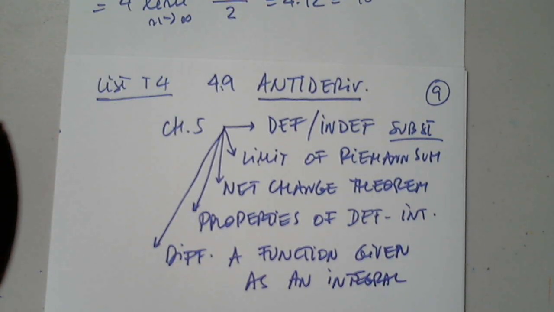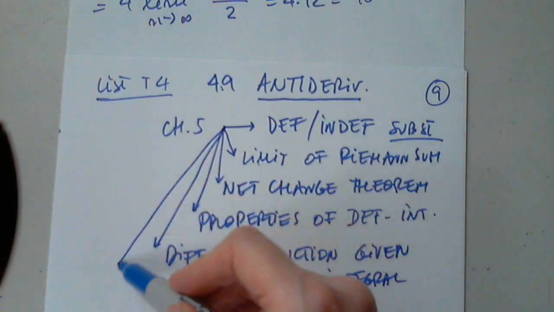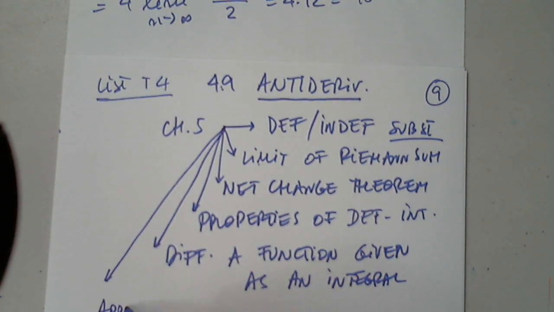I can't think, I'm flipping through the book right this moment to see if I forgot anything. Oh, yes. Approximations of areas using leftmost point, rightmost point, and midpoint. Not more than 4 subintervals.